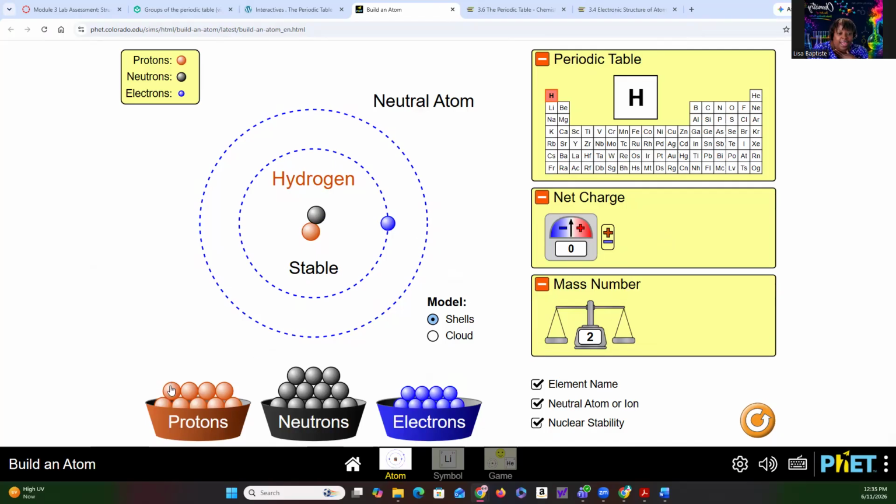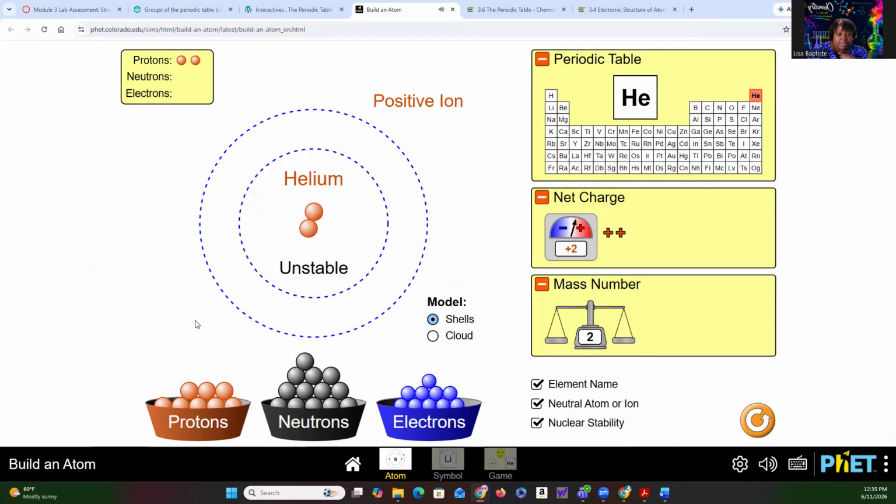So what if we added one more proton? Okay, this would be a plus charge. But this would now no longer be hydrogen, but now this is helium with the plus charge. Okay? So say we took away one of the electrons, one of the neutrons.